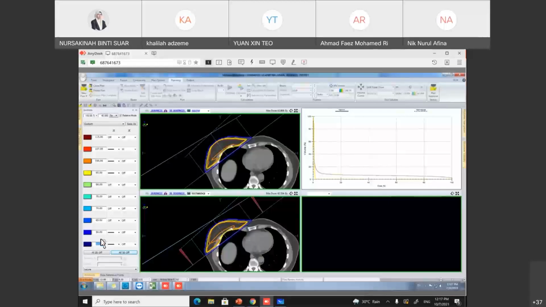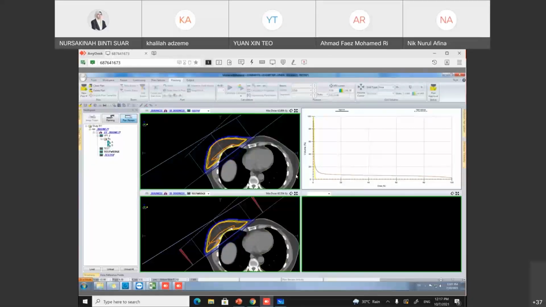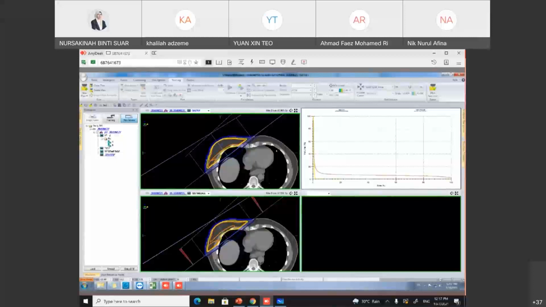How about the 10% dose? It's almost similar. So this is how we try to save the patient delivery time from 1 minute to half a minute. So this is a very good technique when you apply it in your center.